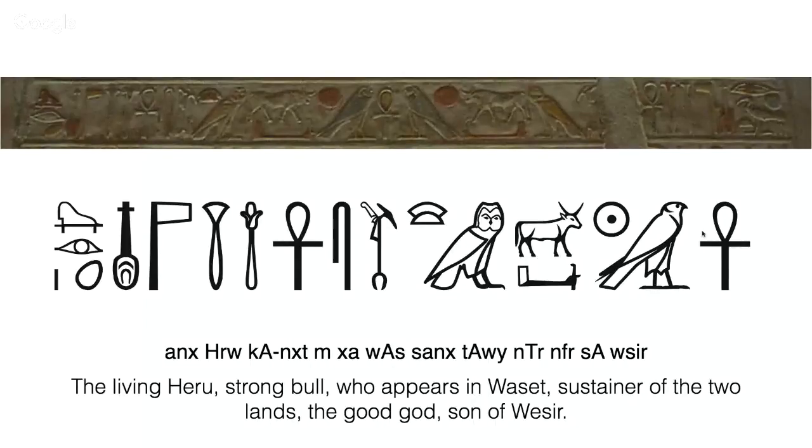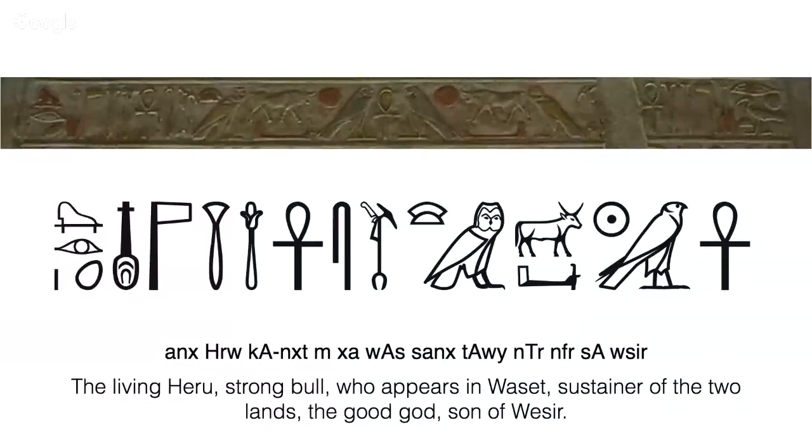So Ankh Heru, the living Heru, and then Kha Neket, which would be the bull, and this arm here, Kha Neket. M would be in, and then Kha would be appears. So who appears in this place here, Waset, and then Sa'ankh, it means to sustain. The word Ankh means life, and the S in front of it is to cause to live.